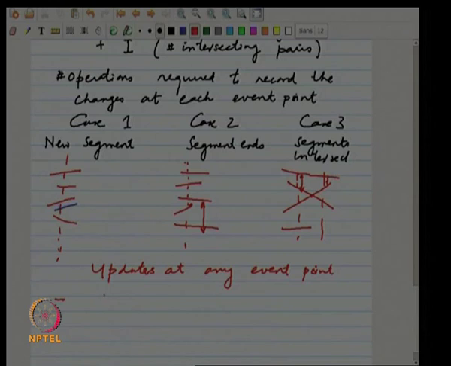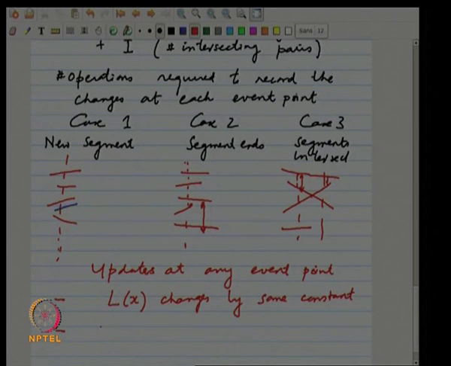One is there is some change to this L sub x. L sub x changes by some additive constant. So, L sub x and L prime of x, there will be some constant number of changes in the adjacencies. And of course, the moment something becomes adjacent, we have to record the potential intersection point.